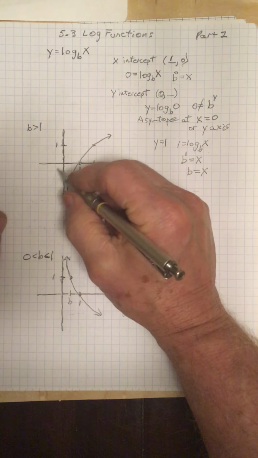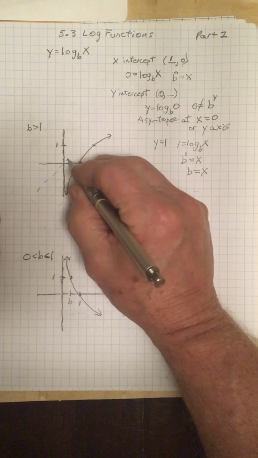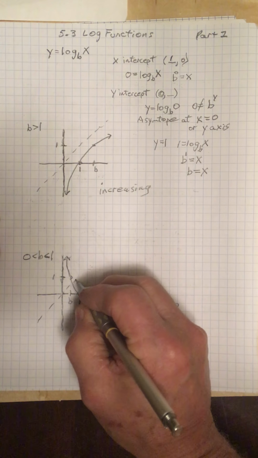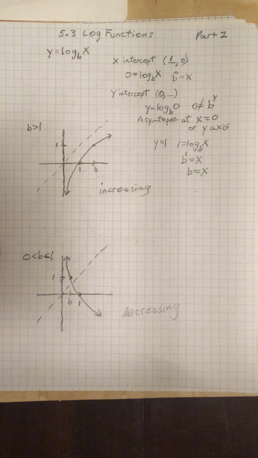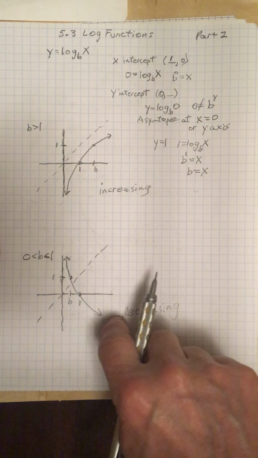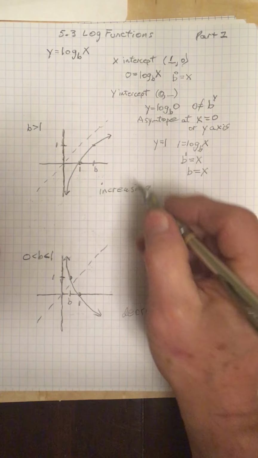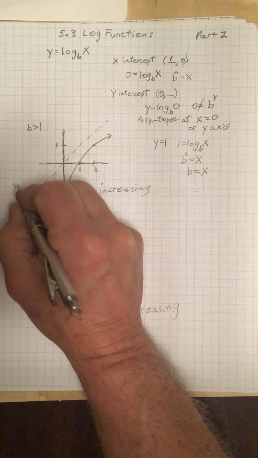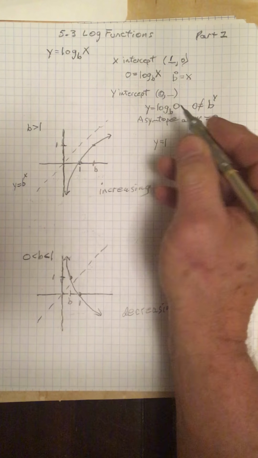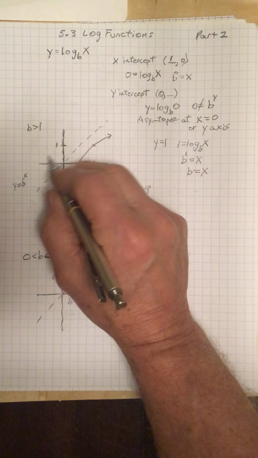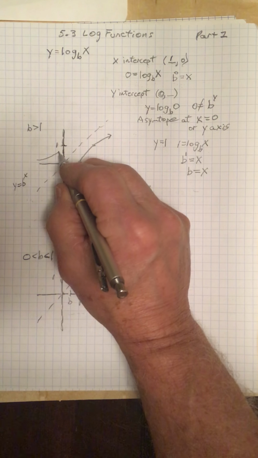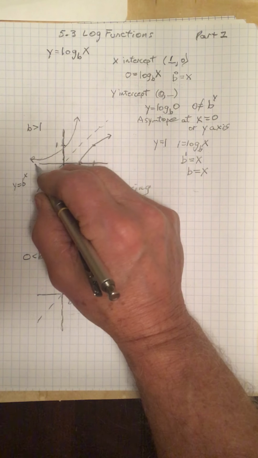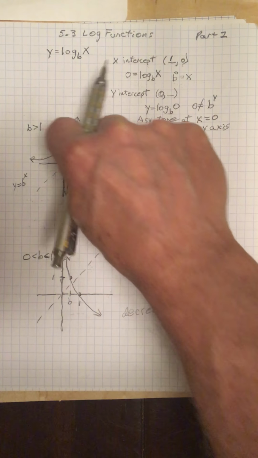If you recall, if you drew the line y equals x, the inverse graph mirrors the graph you're talking about. Well, the graph of y equals b to the x, where b is greater than 1, if you remember, goes up like this, and it's asymptotic to the x-axis, so you can see they mirror each other around this line.